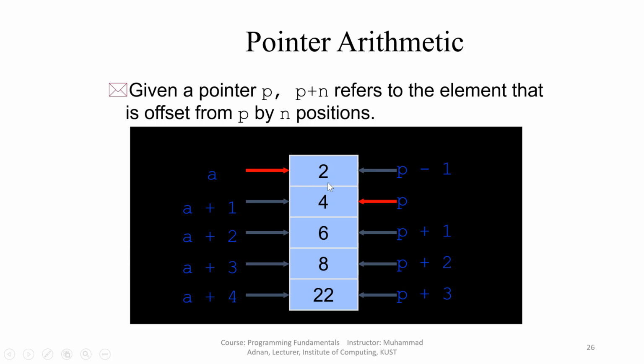So if we have a and p, a is holding the address of 2 and p is holding the address of 4. So what does p minus 1 mean? p minus 1 is referring to 2, whereas a plus 1 means a is referring to 4, a plus 2 means a is referring to 6, and so on, and then to 8.